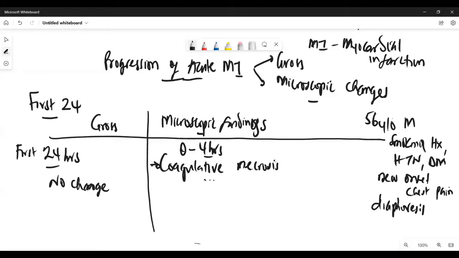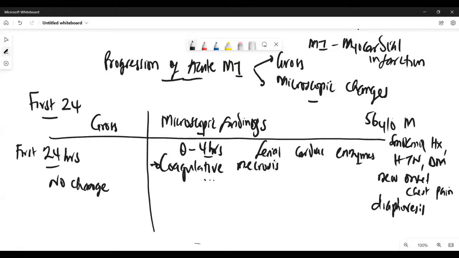That's why we do serial cardiac enzymes, to keep checking maybe every 6 hours for those rises. Your first cardiac enzyme might be normal, but your subsequent ones will start to go up. That's why we do serial cardiac enzymes.